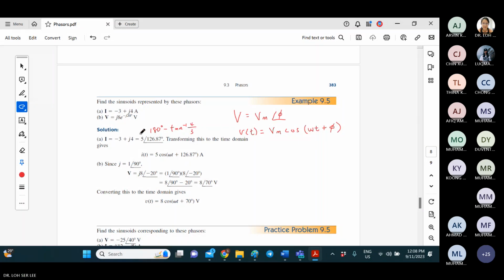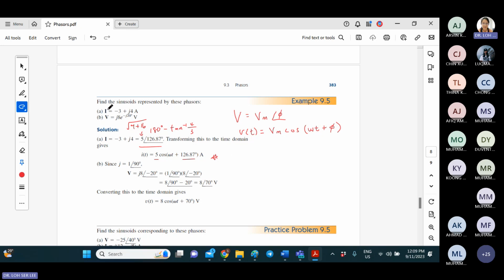And R will be the square root of 9 plus 16. In just a few seconds, you get this in polar form. Now with the VM and phi, this is the answer.